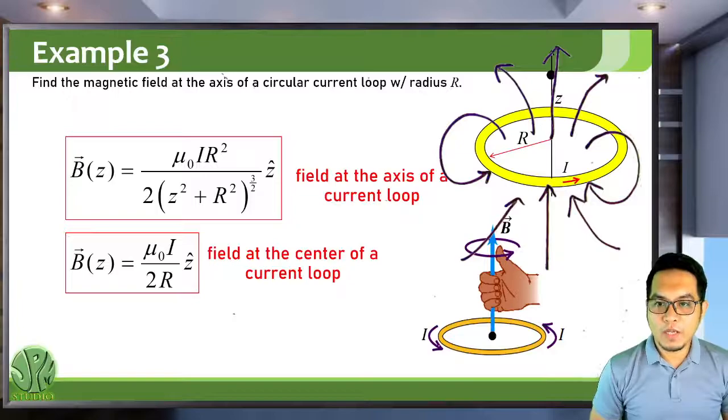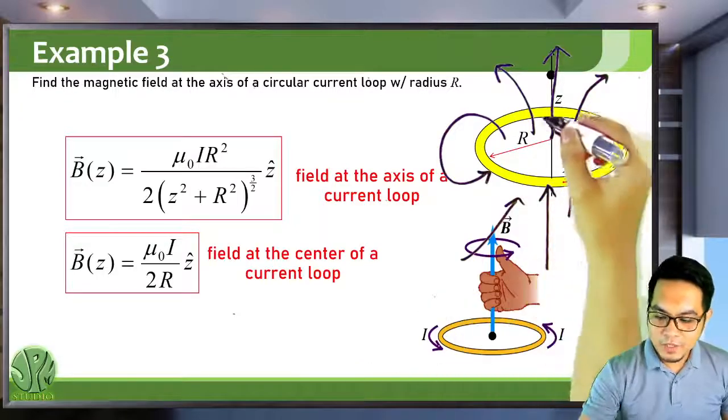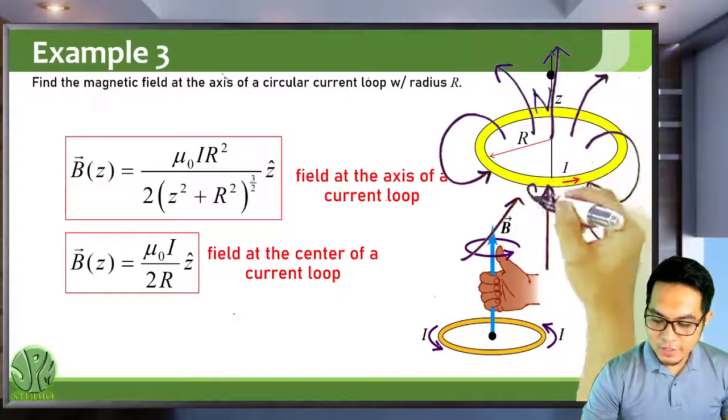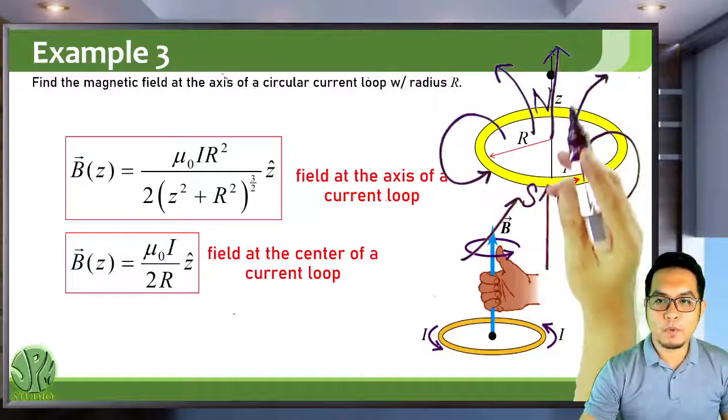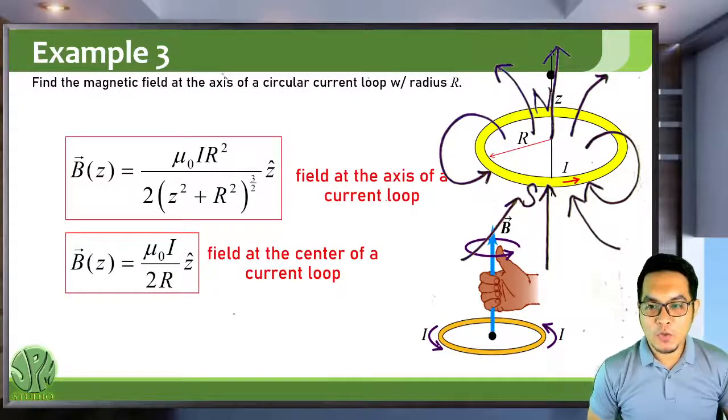If you're familiar, this is the magnetic field pattern of a magnet. This is the north side, and this is the south. That is the north pole there, and that is the south pole. So essentially, a current loop is a magnet. In fact, in your basic electromagnetism, you have related this. You have an application for this, the electromagnet.